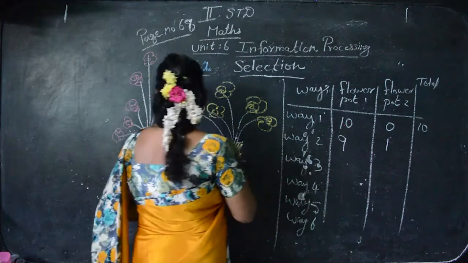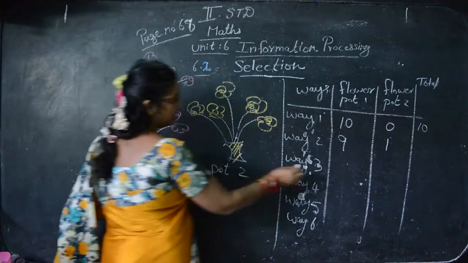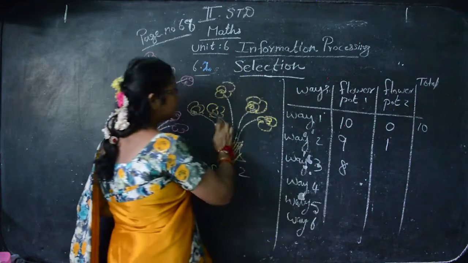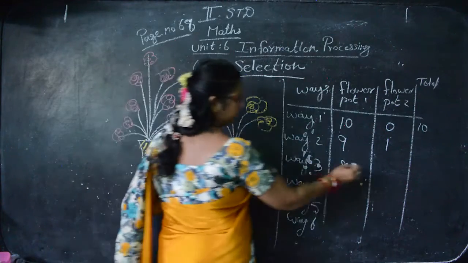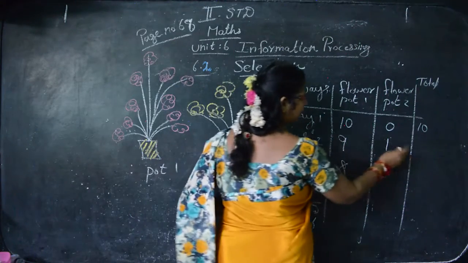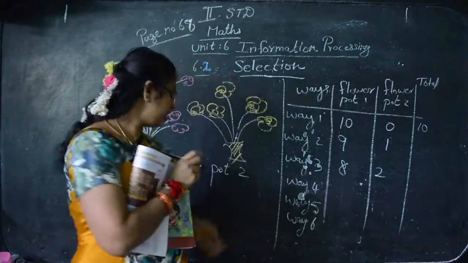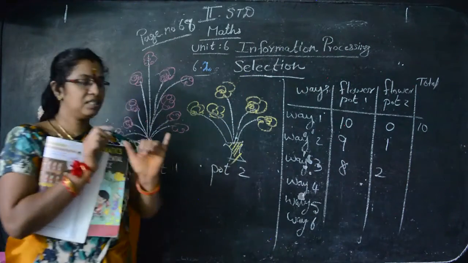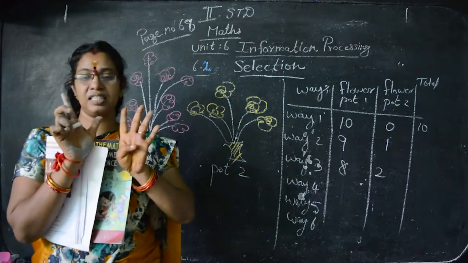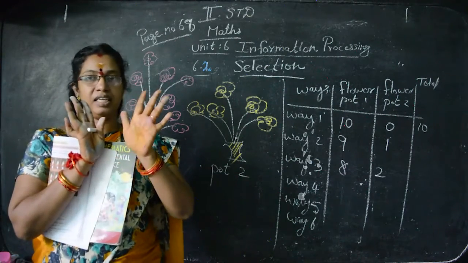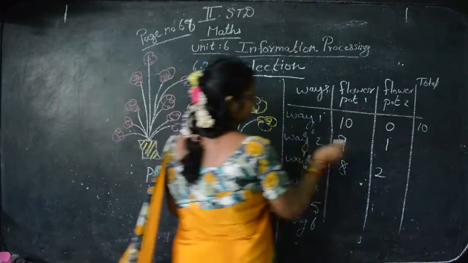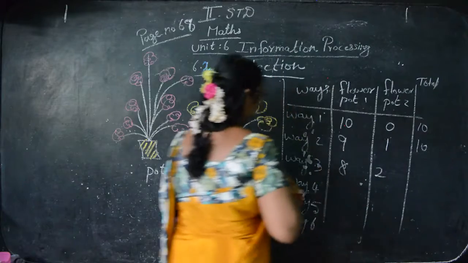Okay, way 3. See, 8 red flowers, then 2 yellow flowers. So total 9 plus 1, take 9 fingers. See here, 9 fingers, then 1, 10. Okay, 10.